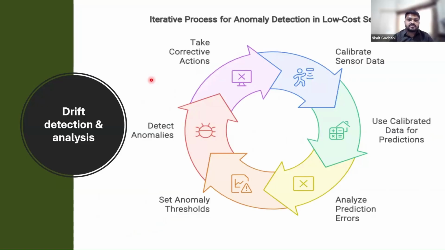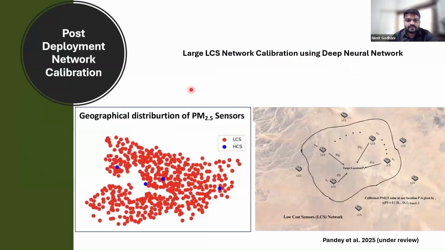We take corrective actions, calibrate sensor data, use calibrated data for prediction, analyze, set an anomaly threshold, and detect the anomalies. These cycles are like a snake eating its tail. So you have to keep it going as a continuous, repetitive process.